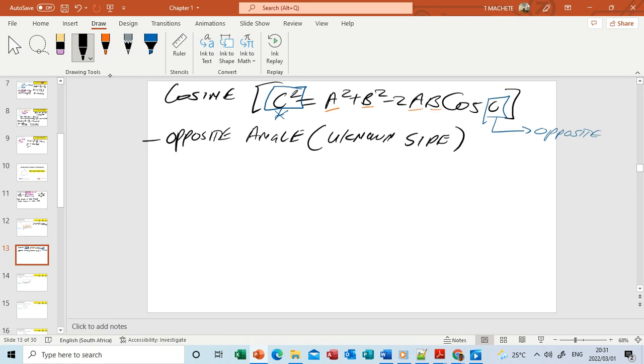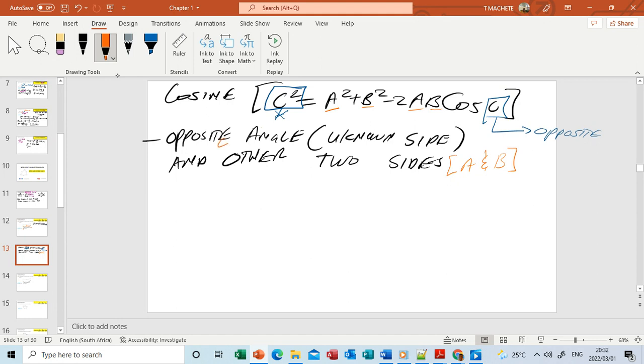You must have that opposite angle of the unknown side, and the other two sides. The other two sides are your A and B in this case, and the opposite angle, obviously, is C. So yeah. Okay.